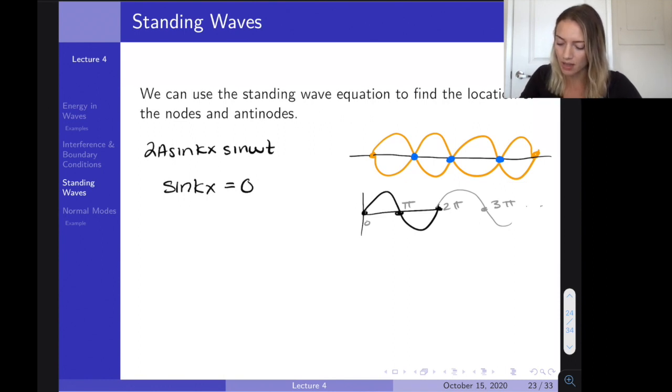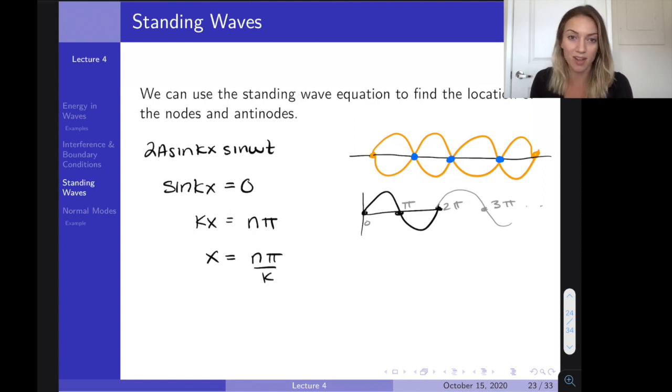So sine of kx will be 0 when kx is equal to an integer multiple of pi, right? n times pi. And now let's solve for x to figure out where that actually happens. So x is going to be n pi over k. And if you take any upper div physics class, you're going to be doing this a lot.